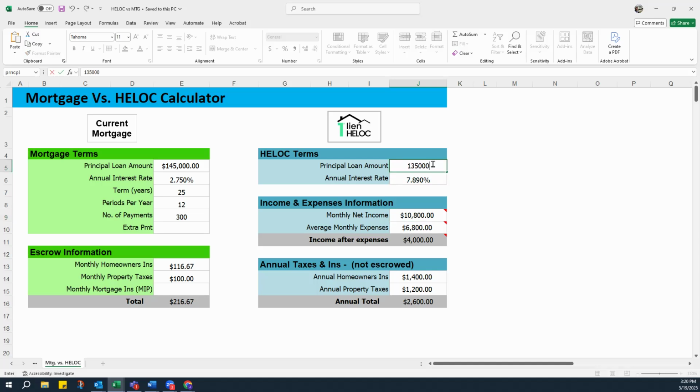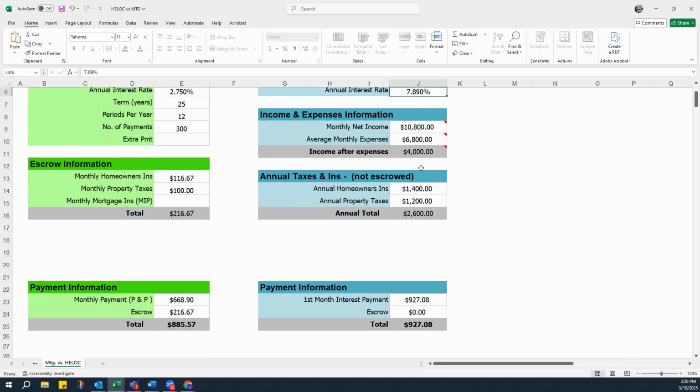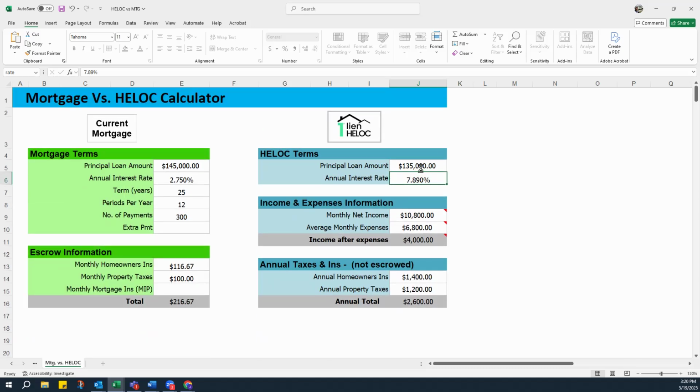For simplicity's sake, we're just going to say it's going to move from 145 down to 135. When it's time to pay the expenses, it's going to come out of that same checking account, add back to the balance. Now we owe 141, and then we calculate the interest based upon the daily average balance of those items.